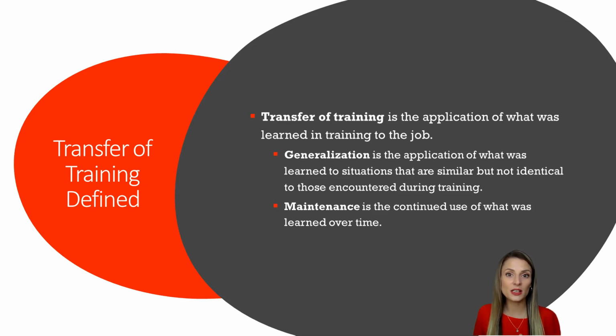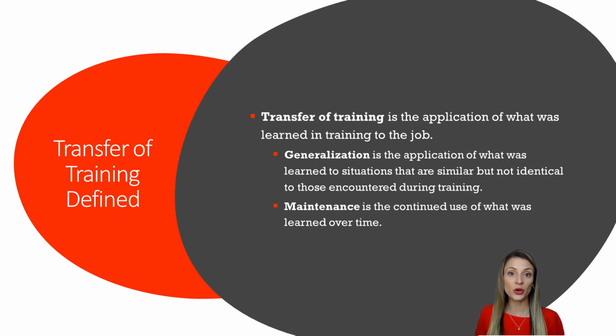It's a little bit easier to track learning because it usually happens within a training program. A little bit more difficult to evaluate transfer because it doesn't always happen in the training context. We have to collect information from employees' work environment, like performance data, in order to understand whether transfer of training occurred and to what extent.